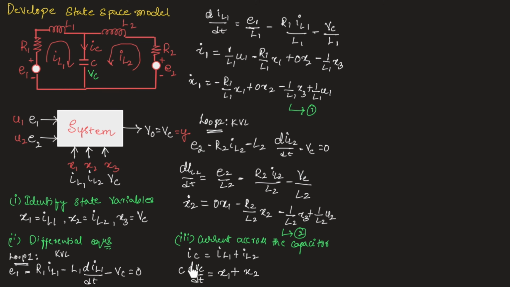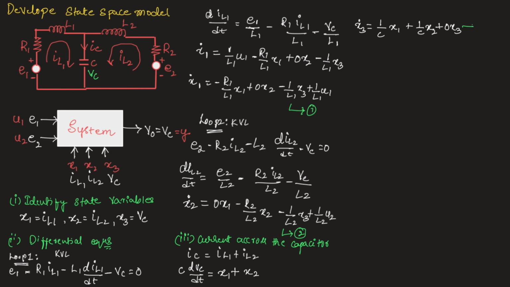So here dVC by dt we can write it as differentiation of x3. Therefore we can write x3 dot will be equal to 1 by C x1 plus 1 by C x2. We don't have x3 term, so we'll write 0 x3.